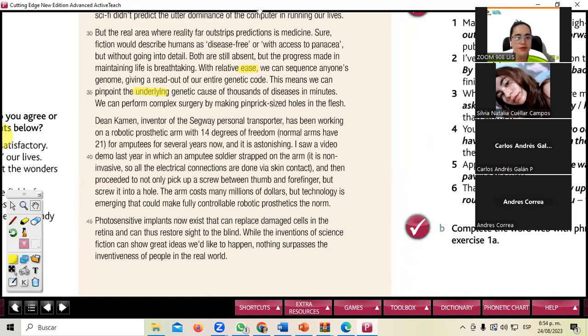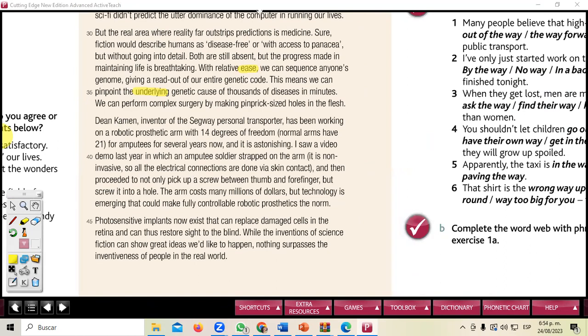Dean Kamen, inventor of the Segway personal transporter, has been working on a robotic prosthetic arm with 14 degrees of freedom. Normal arms have 21. For amputees for several years now. And it is astonishing. I saw a video demo last year in which an amputee soldier strapped on the arm.